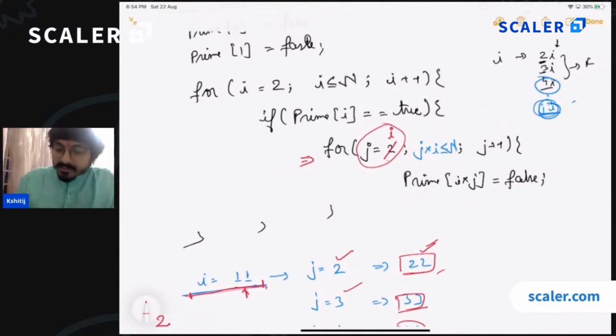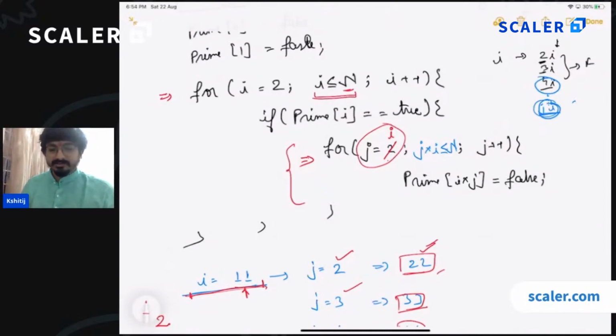Do we need to run this loop till the end? Do we need to run the first loop till the end? Let us again try to analyze the second loop, and that will give you the answer whether we should be running the first loop till n or not.